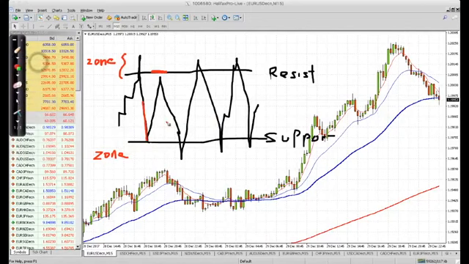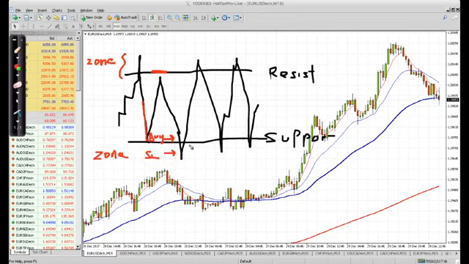Okay, let's use this example, right? So the price is coming down, coming down, coming down. You say, okay, it's going to hit the support, it's going to bounce, right? So I'm going to buy at that level. So you're going to buy there, and you're going to place your stop loss below that support level, like most people teach in most books, right?